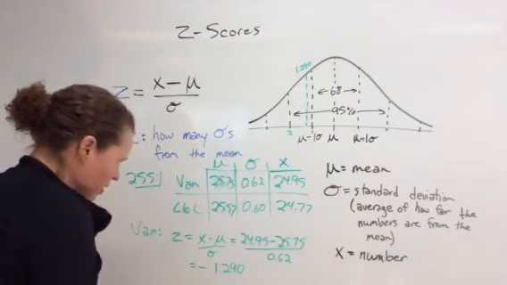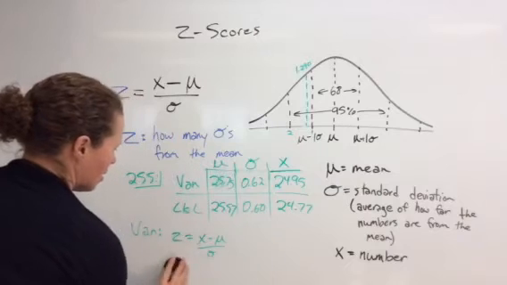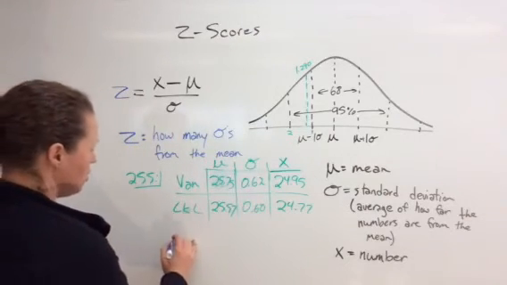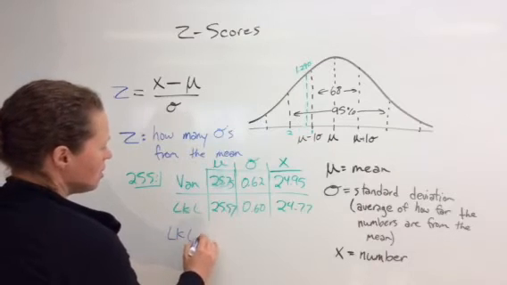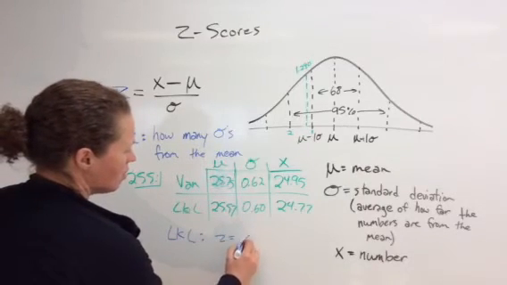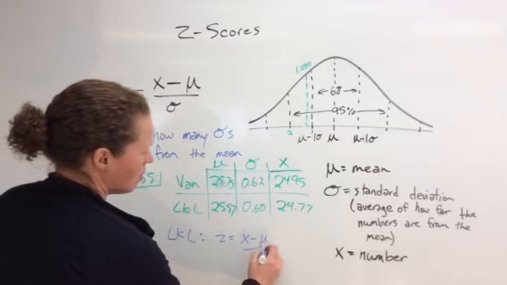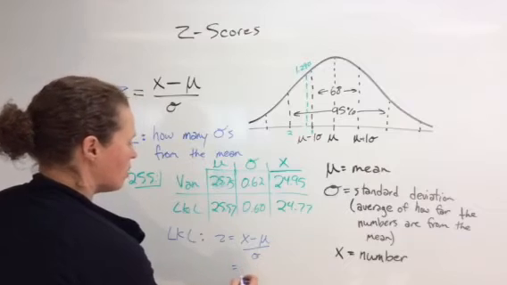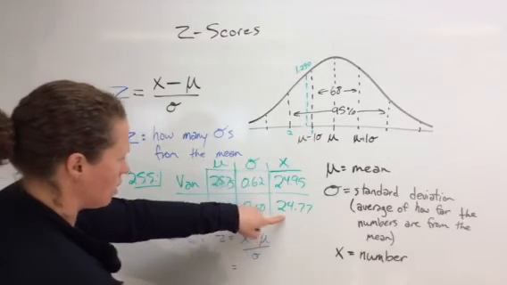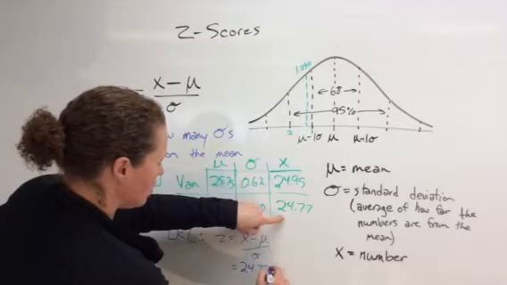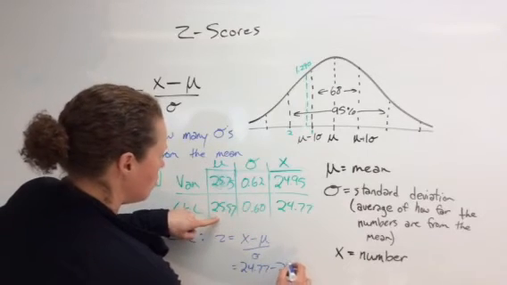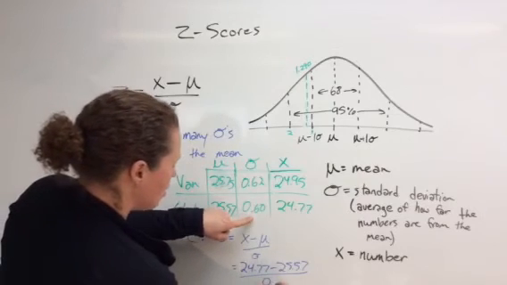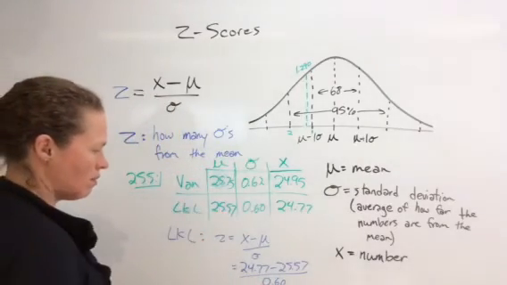Now, I'm a little out of space, so I'm going to erase this. And I'll use the blue pen to do Lake Louise. Same thing. Z equals x minus mu over the standard deviation. So I'm going to use the x value for Lake Louise, which is 24.77, subtract the mean, which is 25.57, and divide by the standard deviation.